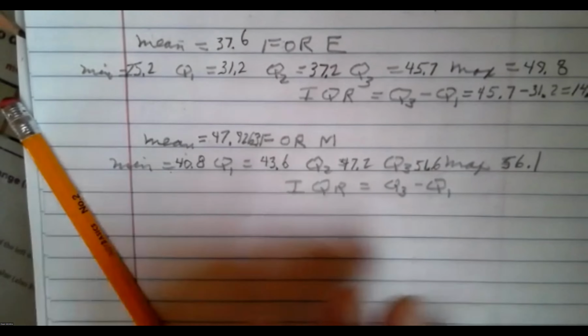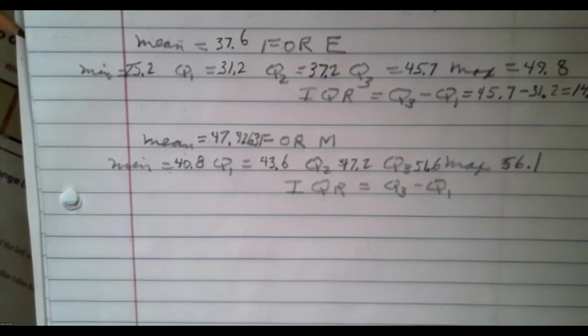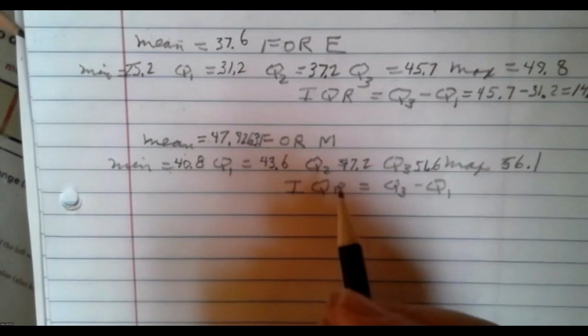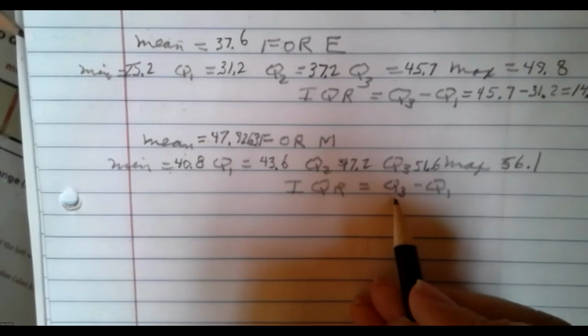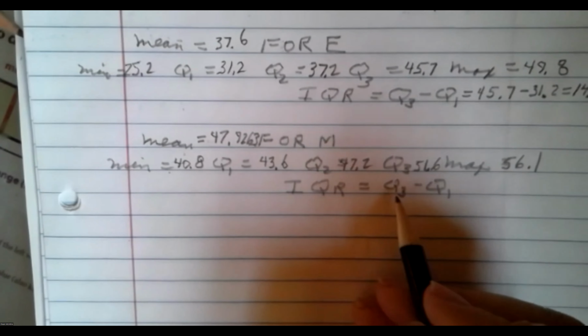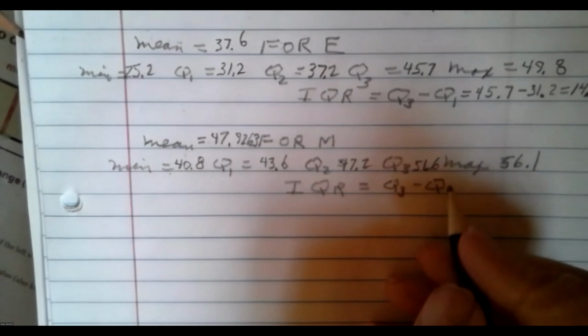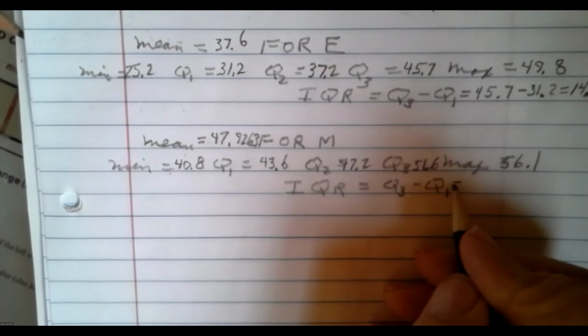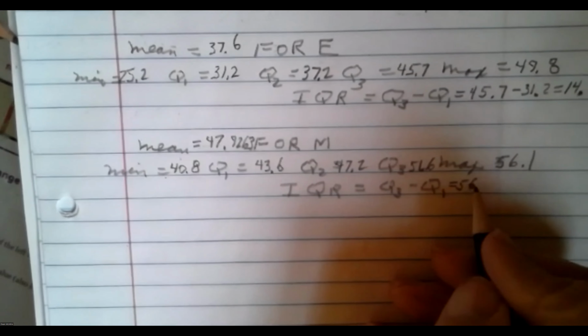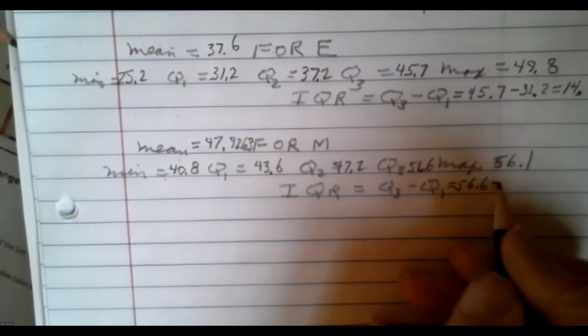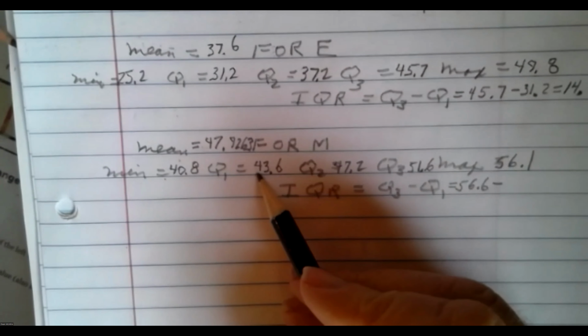And down here, this is the last one we'll do, the interquartile range is Q3, which is 56.6, right? We have 56.6 minus Q1, which is 43.6.